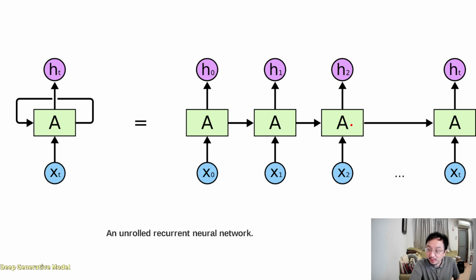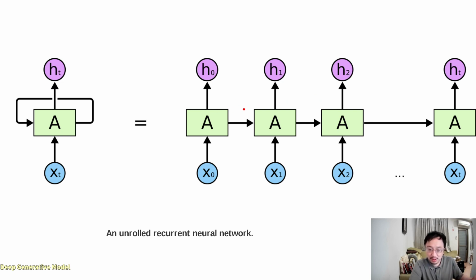From this point of view, we know how to train this neural network, because we can train it like other MLPs or feed-forward neural networks, using exactly the same way, which is gradient descent and the backpropagation algorithm.